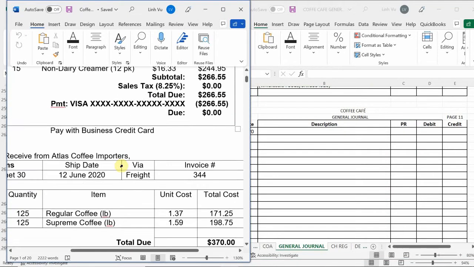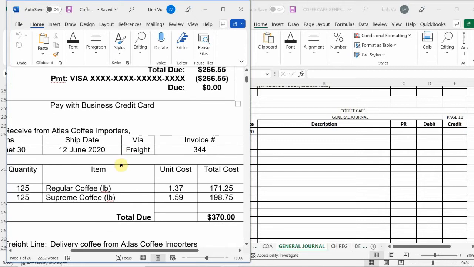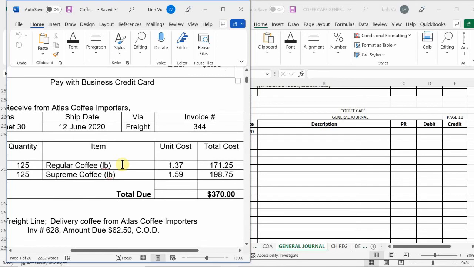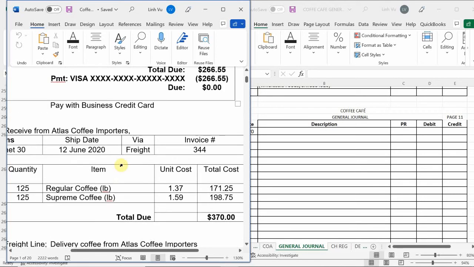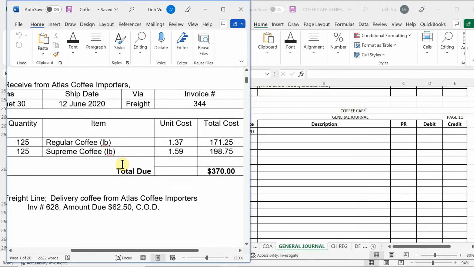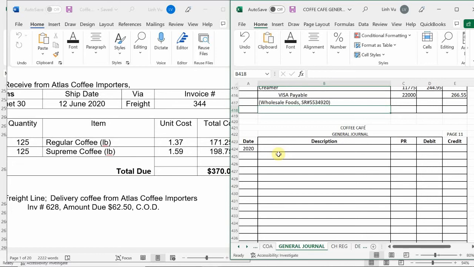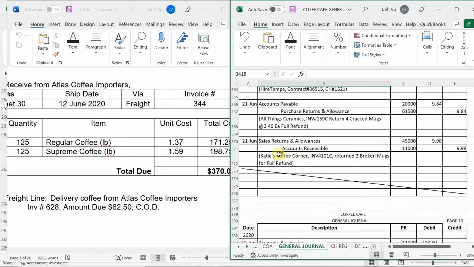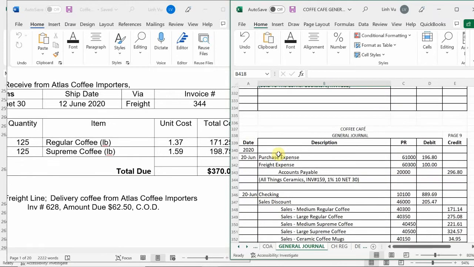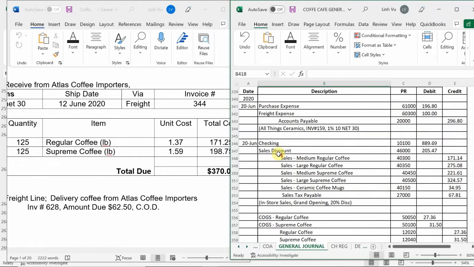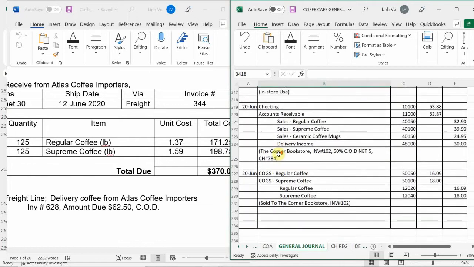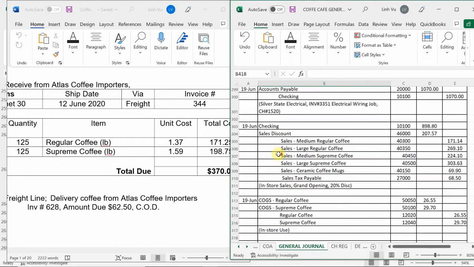Then what happened here? We received a shipment of coffees from Atlas Coffee. How do we record that we received perpetual inventory?